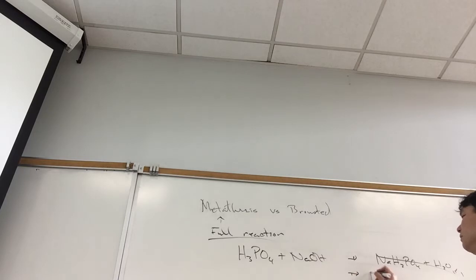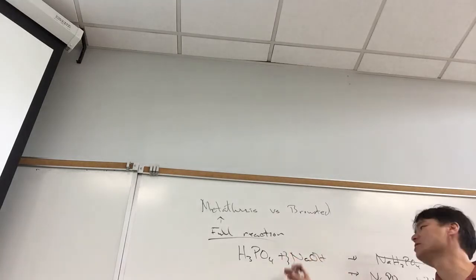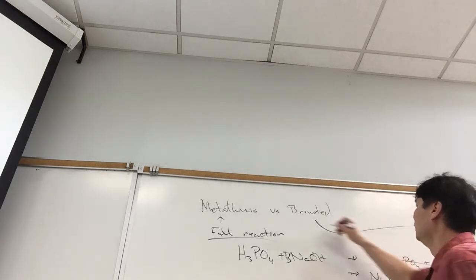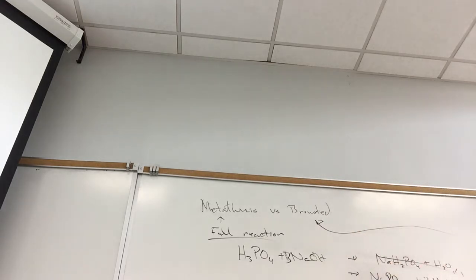And so we're going to form sodium phosphate, or trisodium phosphate, which you see in detergent bottles, and 3 waters. So to balance this, we'll need 3 sodium hydroxides. And so this is typically what's done in metathesis. In Bronsted, we take a different approach. In the Bronsted approach, we just neutralize one at a time.